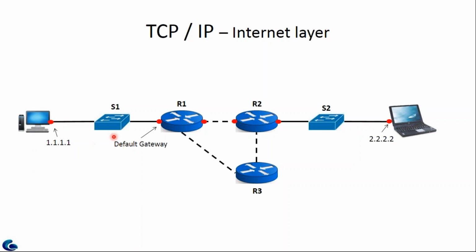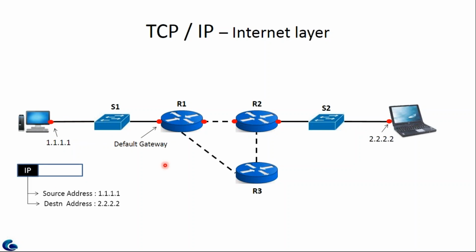Of course, if it is within the network, then it reaches the destination directly. But if it has to go outside the network, then it has no choice but to hand it over to the default gateway. And how does it know which is the default gateway? That is a part of the PC configuration we do. So we already inform the PC where to send it in case the destination happens to be beyond the network.